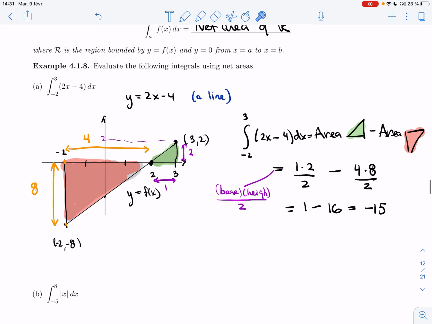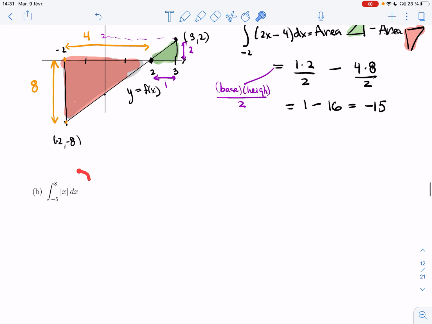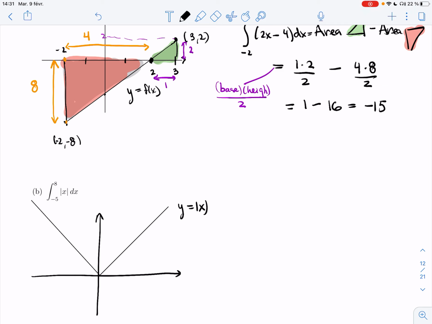All right, let's try another example. I have this integral here from minus 5 to 8 of absolute value of x. So y equals absolute value of x. That looks like a v, something like this.